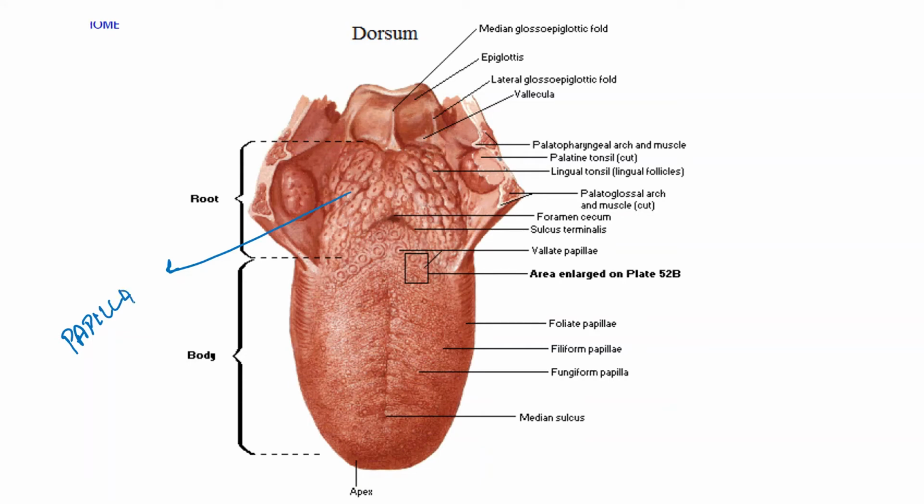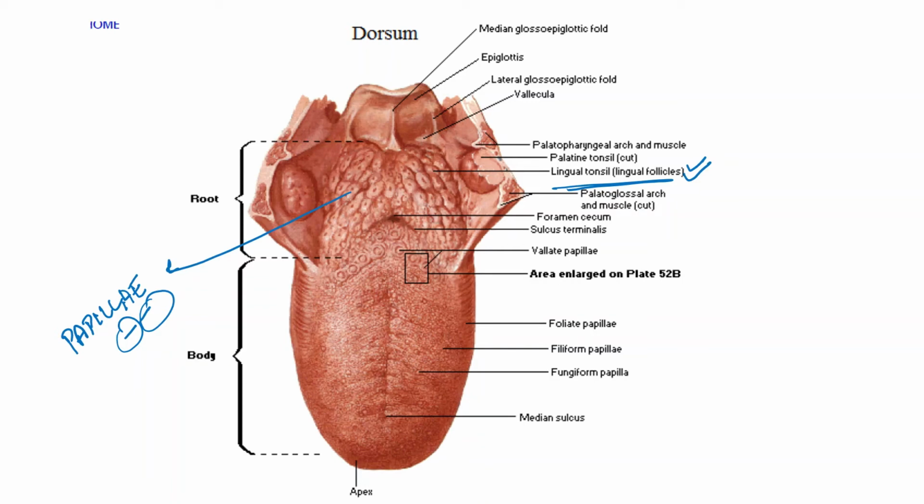Instead, the base of the tongue contains an aggregation of lymphatic follicles, called the lingual tonsil. So the lingual tonsils are present along the base of the tongue.